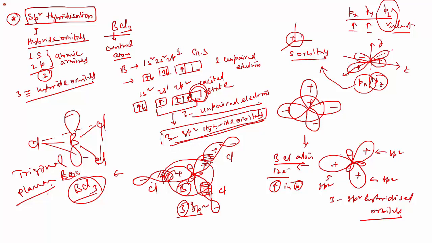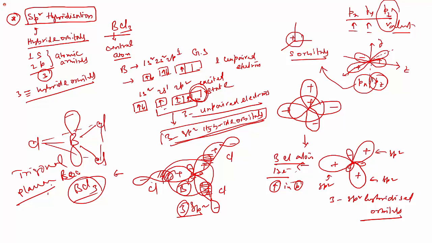These three sp2 hybridized orbitals now form bonds with the 3 Cl, forming trichloroboron. So the geometry of the hybrid orbitals is also trigonal planar, and according to that geometry they form the molecule with the same geometry. Okay.